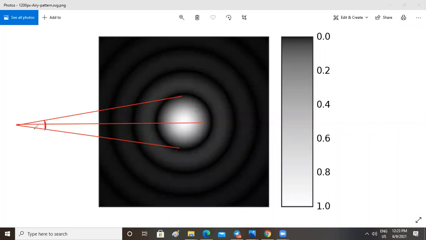I'm going to calculate this angle. From the lens, these wavelets are coming, right? The distance between the lens and this screen is the focal length. We already know that one.